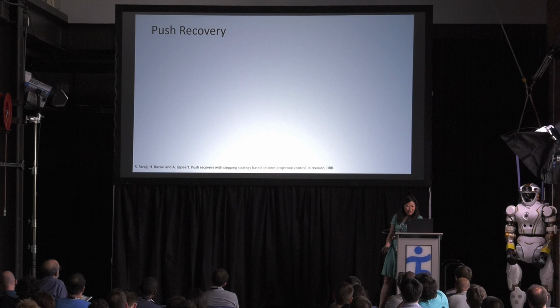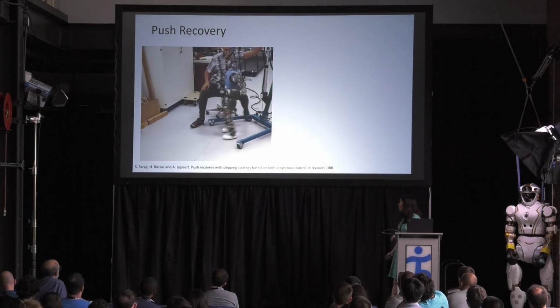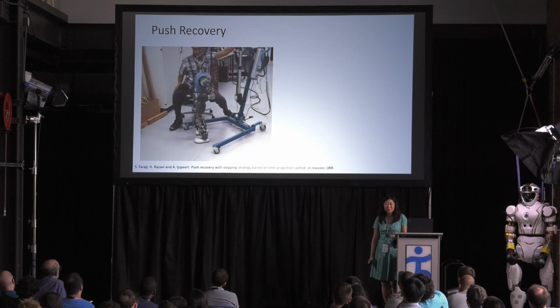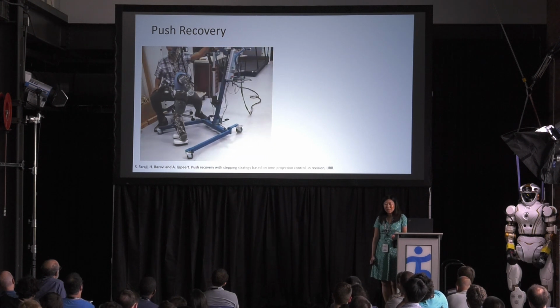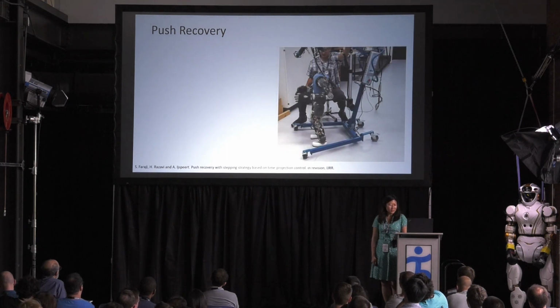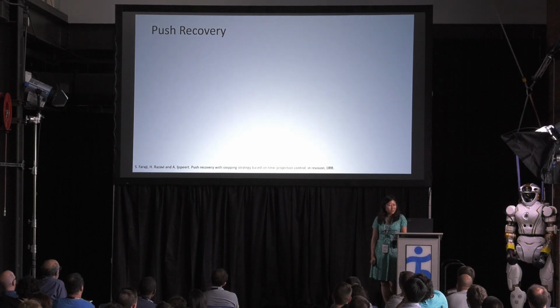So here are a couple of videos just to show that this type of control works. He's moving the robot, and he's giving it some pushes, some perturbations forward, and it's able to stabilize. Without this controller, it would just fall over. And here he's got some more perturbations, so it can recover from these pushes.